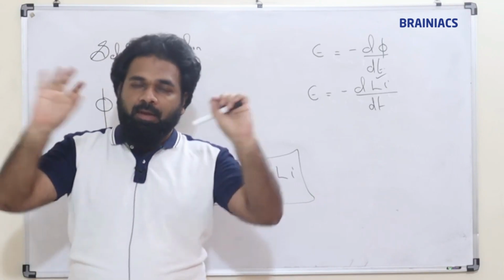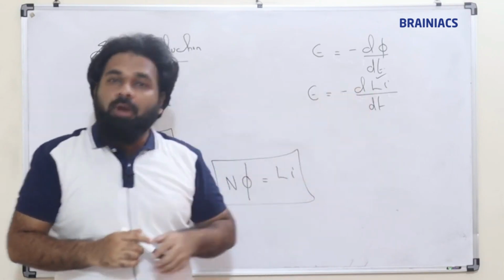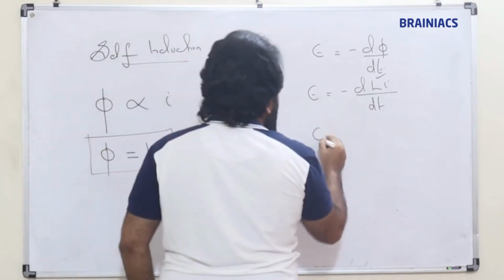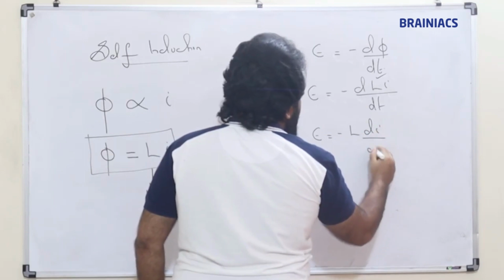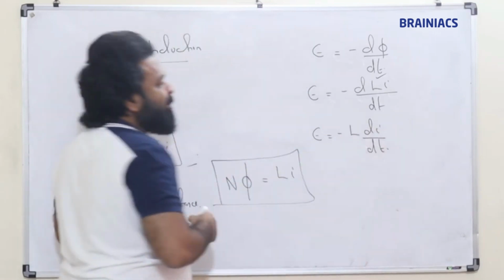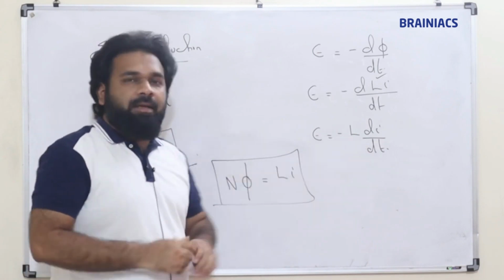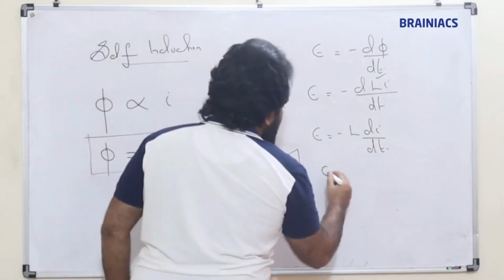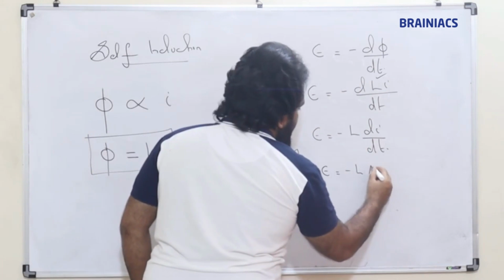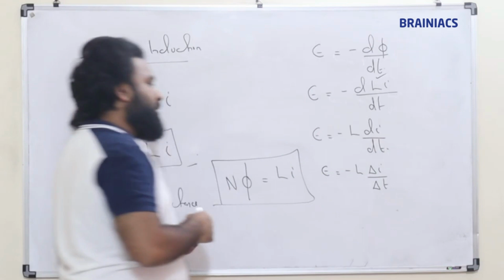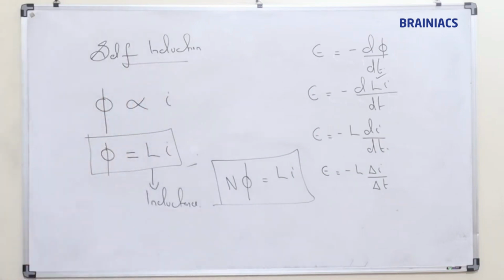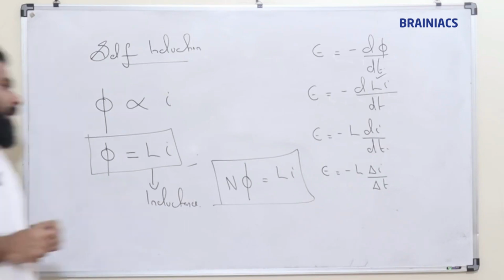When you take an inductor, inductance will be constant. So we can say E is equal to minus L dI by dt. Sometimes we can even write minus L delta I by delta t, interchangeably we can use. Please note it down. Okay, clear?